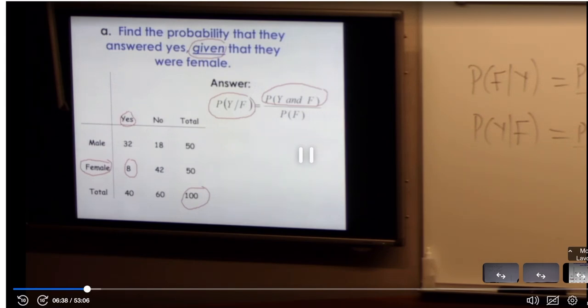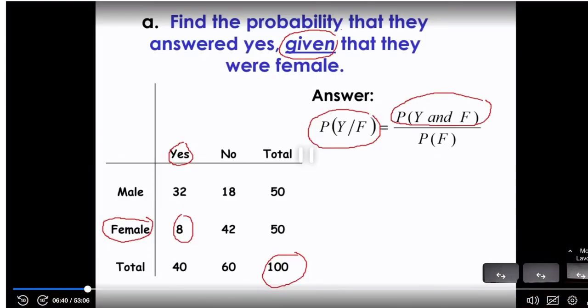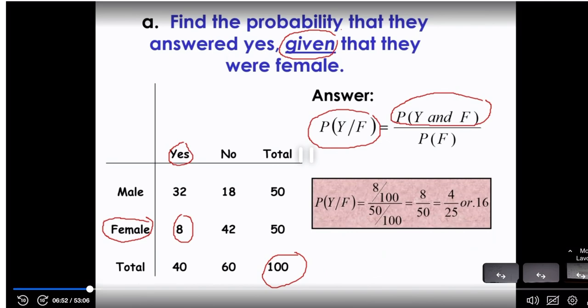Now if you want to get the probability of F, that will be the cardinality of F. So how many females do we have? 50 divided by 100. And that was why you got this initially. Can you see that? It's over 100 for both. So by the time you simplify, you're going to have 8 over 50, or 4 over 25, or 0.16.